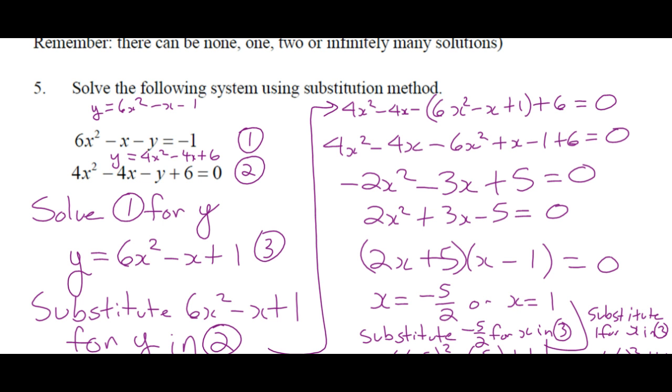So seriously, graph the two of them, look for the intersection, see if they're the same, right? I would verify this graphically. Although the 1 and the 6 isn't bad, right? You put a 1 in here, 6 minus 1 plus 1, so I got 1, 6. And I would put a 1 in here and get 4 minus 4, 0 plus 6. So 1, 6 works for both of them.